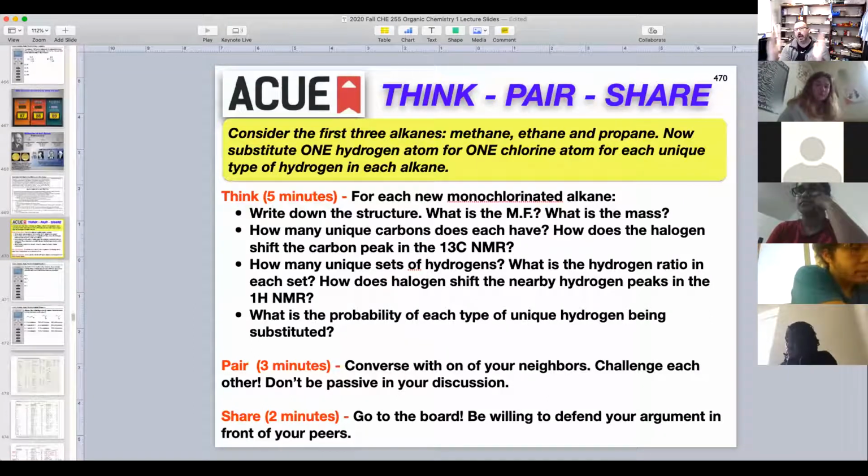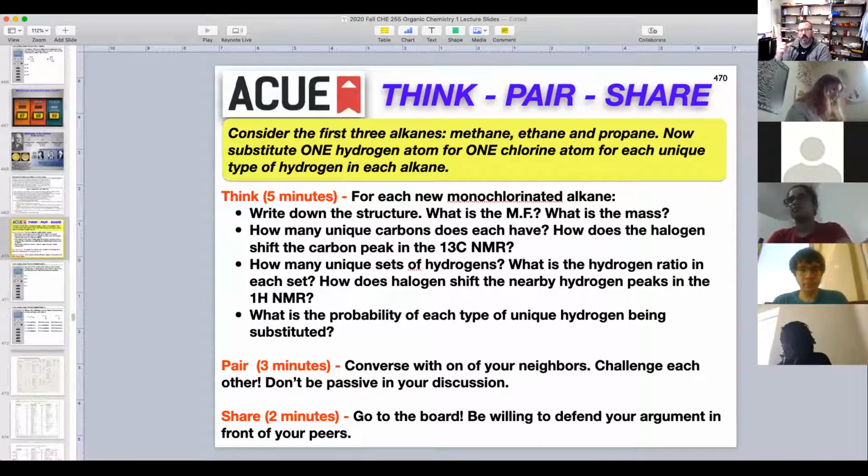Without knowing how this happens, substitute 1 hydrogen atom for 1 chlorine atom in each of those alkanes. Over the course of chapter 10, we're going to learn how that actually happens. But the big thing I want you to do now is take the alkane and make the monochlorinated alkane. For each of those, write down the structure and compare the starting molecular formula to the final molecular formula. Look at the mass change. What's the mass of each molecular formula?